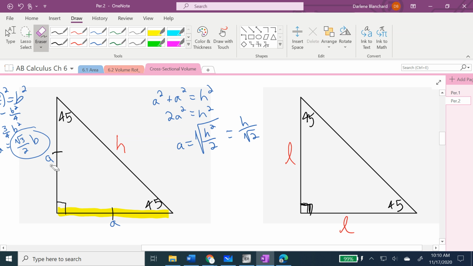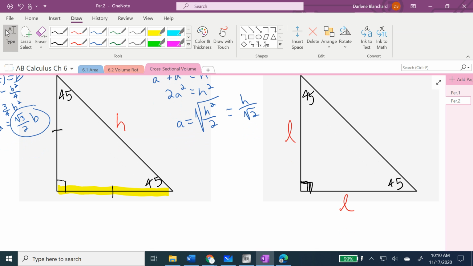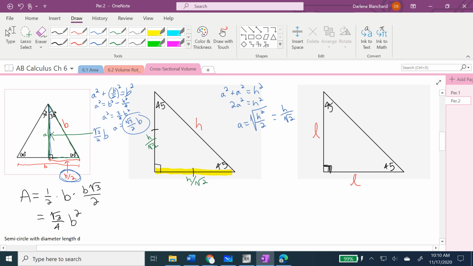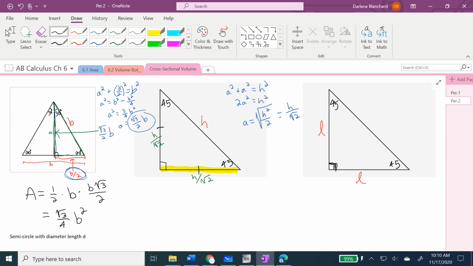So if you know that these legs are h divided by root 2, what is the area? And area is always 1/2 multiplied by 2 perpendicular dimensions.